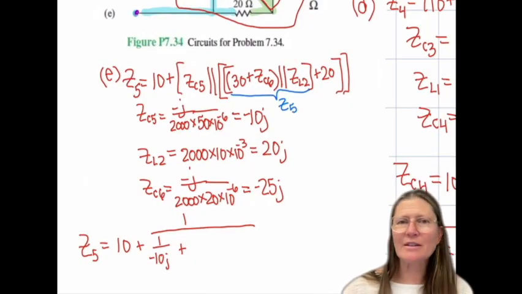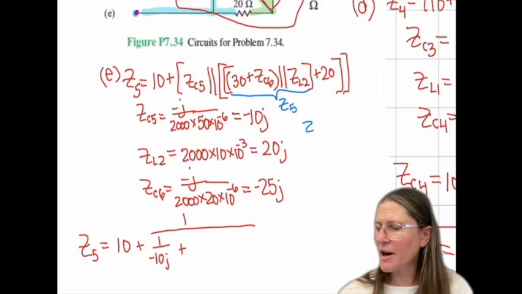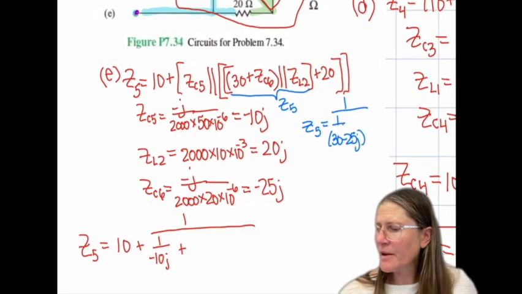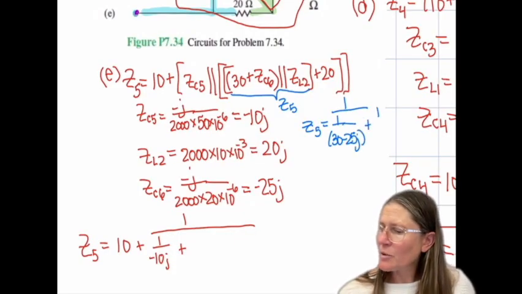I'm just going to call that Z5, and Z5 is 1 over 30 minus 25J plus 1 over 20J.